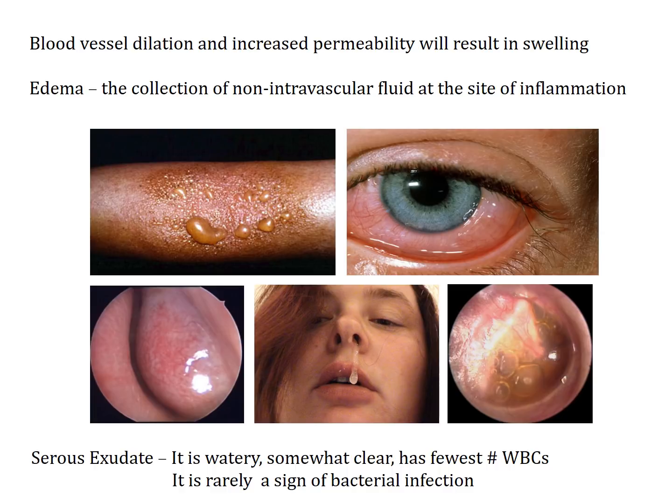One part of acute inflammation is the blood vessels are leaking, and the leaking of the blood vessels causes edema. And we can get different types of edema. We can get what's called serous exudate. So this is watery. It tends to have a few number of white blood cells in there. It typically doesn't have infectious organisms like bacteria.